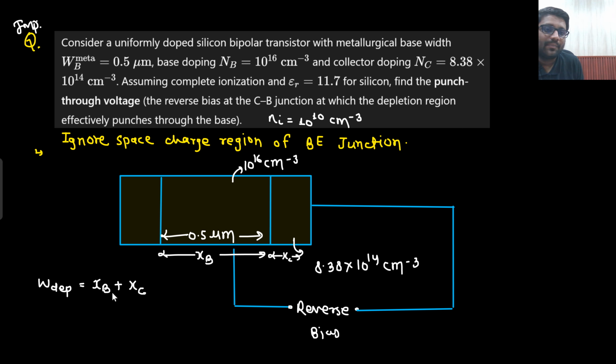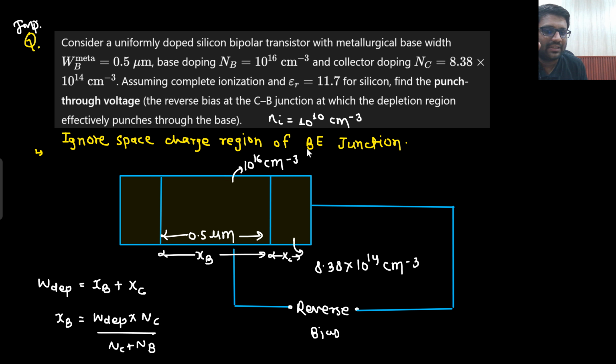So how much base will be depleted? Base will be depleted of total depletion width multiplied with nc upon nc plus nb, right? Because depletion is in inverse proportion, and you want that complete base should be depleted. What is given?